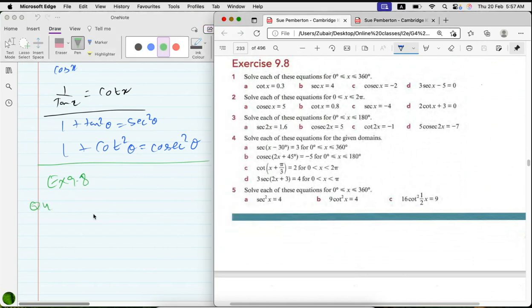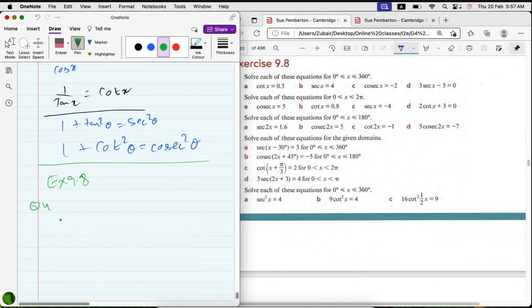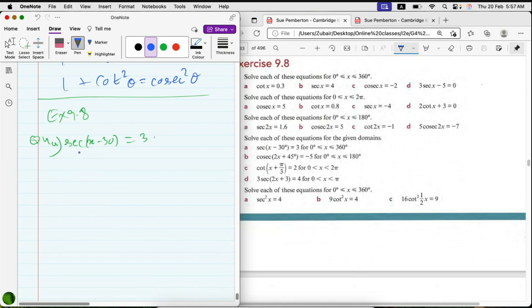Question 4. A part says secant of x minus 30 is equal to 3. So secant was 1 over cos. 1 over cos of x minus 30 is equal to 3.